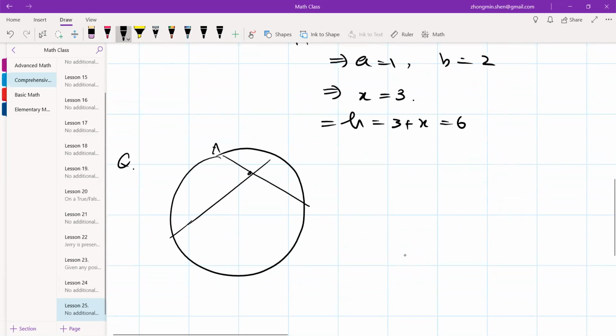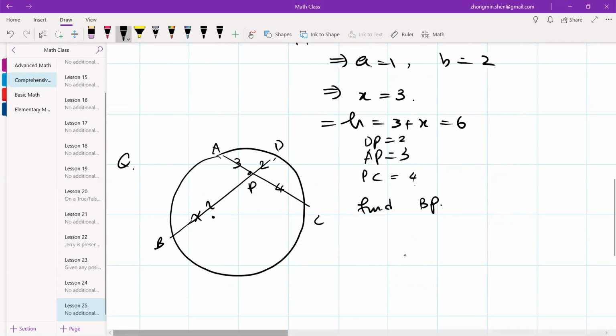So here's A and B and C and D, and this point P. I know AP is going to be 3, and DP is going to be 2. PC is going to be 4. Find BP. Okay, this one is X.